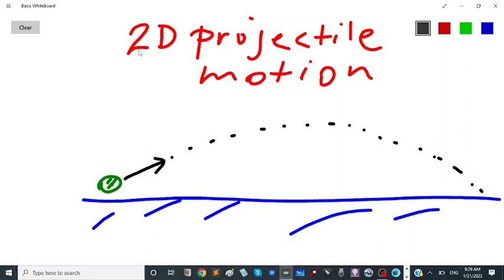At what time t does it reach some distance y from this position? What is the position of the particle? Okay, let us see how we can solve this.